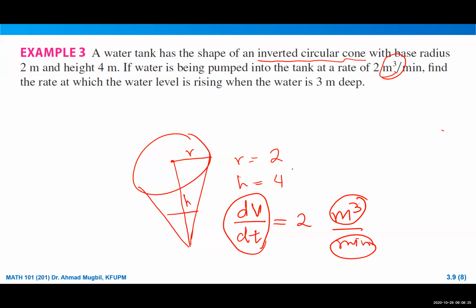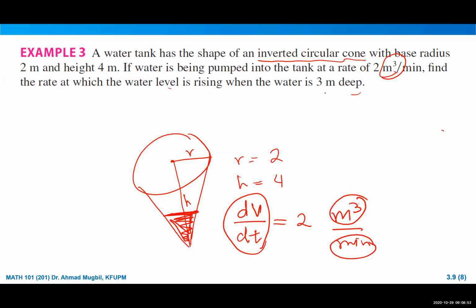What is the question? So this is what is given. What is required? What is unknown? Find the rate at which the water level is rising when the water is 3 meters deep.